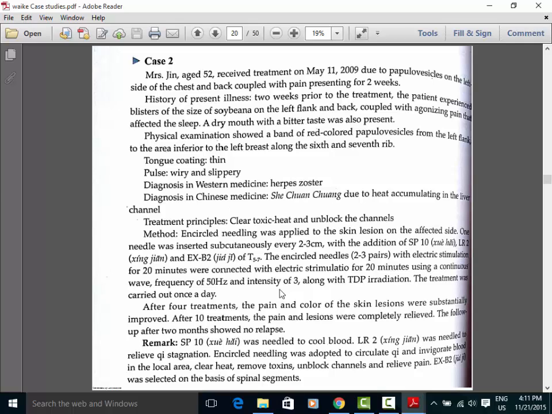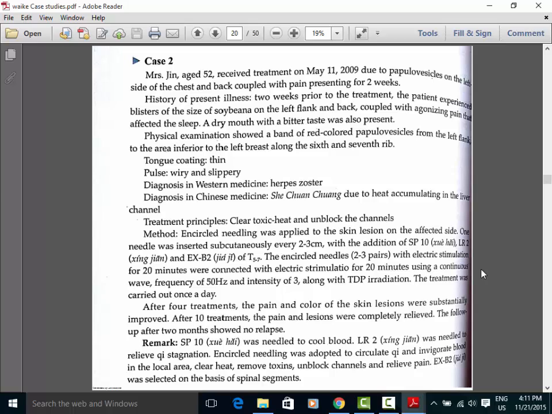There's nothing specific here. If it is toxicity, why is the tongue... it should be red and yellow. That's right, but all the other signs and symptoms indicate that, right?